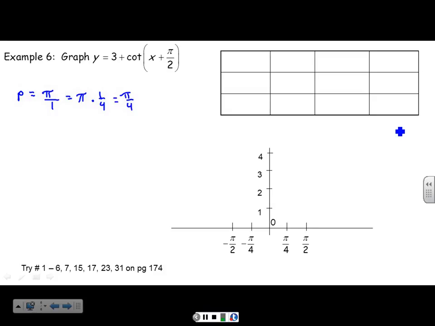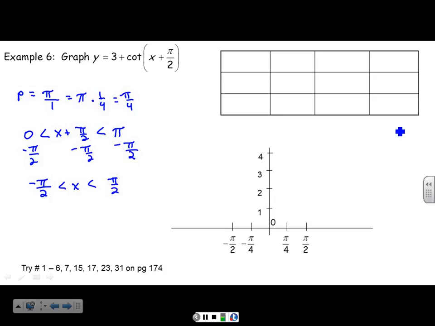And then to find our asymptotes, for cotangent, we're going to have 0 less than x plus pi over 2, or 1/2 pi, less than pi. So if we minus pi over 2 from both sides, we're going to get negative pi over 2 less than x less than pi over 2.